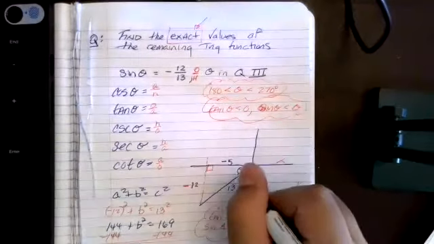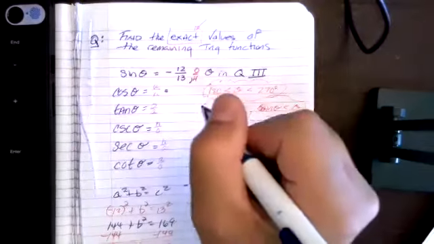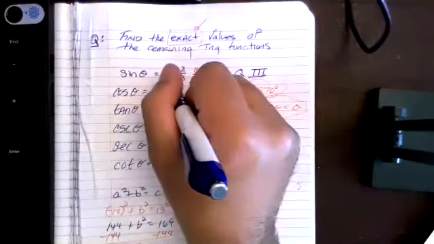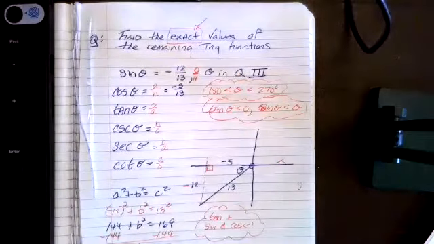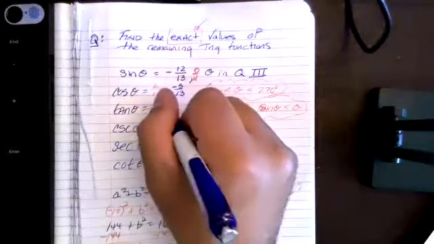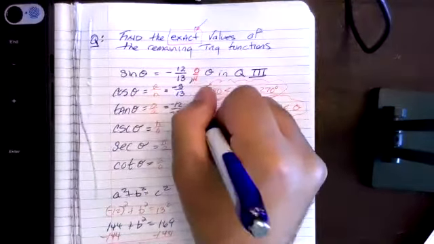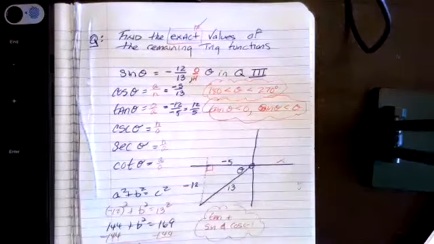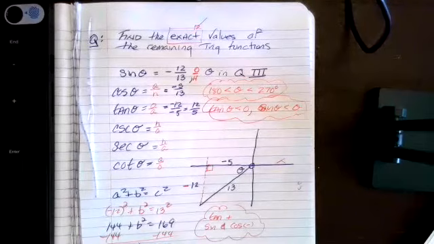So in this case, my adjacent over my hypotenuse would be negative 5/13. Tan is my opposite over my adjacent, which would be negative 12 over negative 5, which is 12/5. And then we have all the reciprocals. So I don't have to do any work.